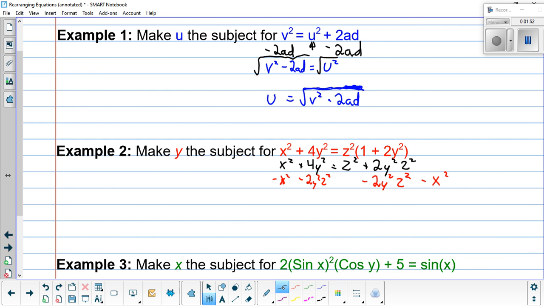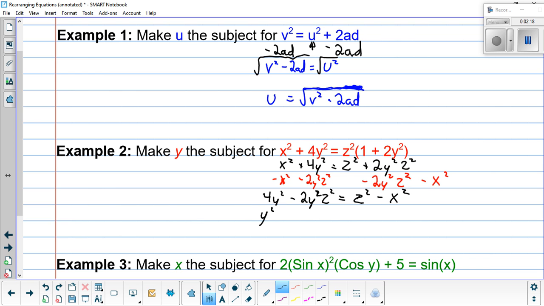Let's rewrite it. So we have 4y squared minus 2y squared z squared, and that's going to be equal to z squared minus x squared. You can check, well, we've got no y's on the right, so we're doing good. So here, let's now factor out a y squared, because I see a y squared in each term.